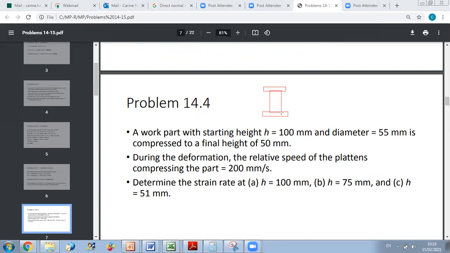So here what will happen is that if we fix the velocity of motion of the plate, with time the height will be reduced and the strain rate will increase, because by definition the strain rate epsilon dot is given by V/H.